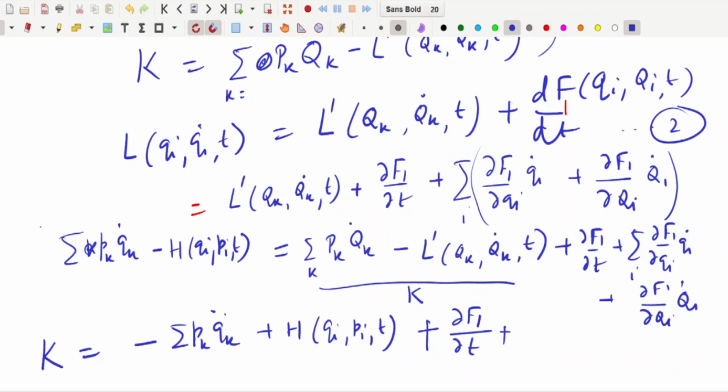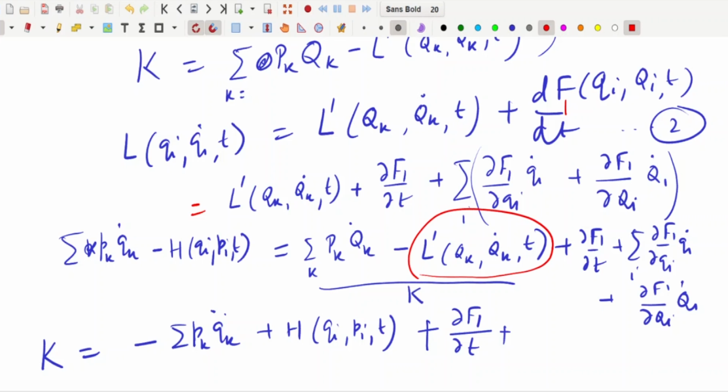No, let me check, because the Hamiltonian we expect to be a function of... okay, just a minute, we have made some mistake here, so let me figure it out. The mistake is here.